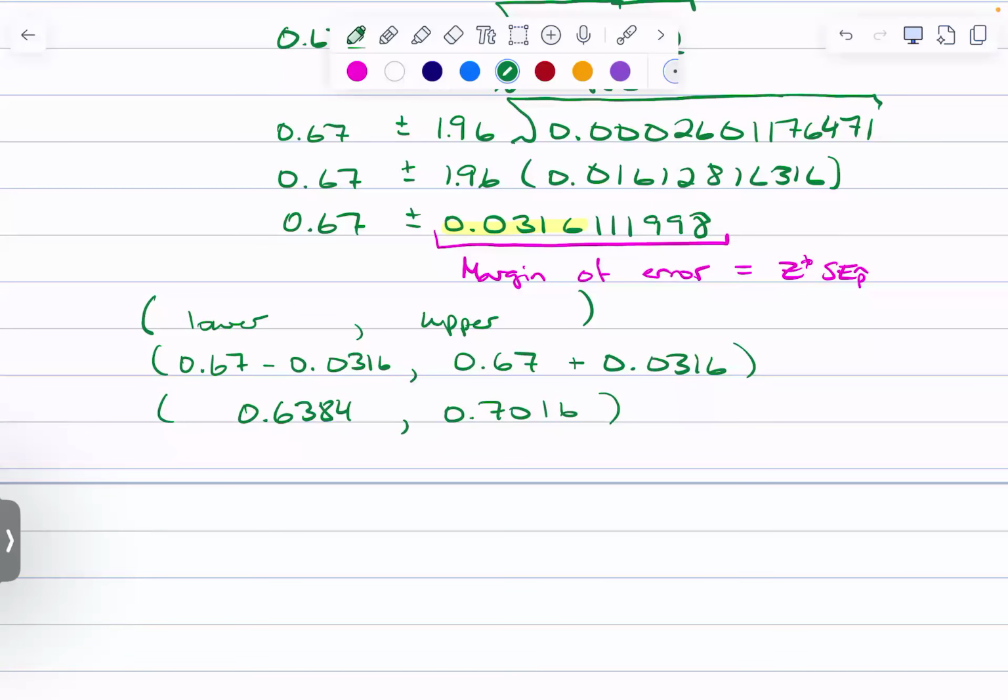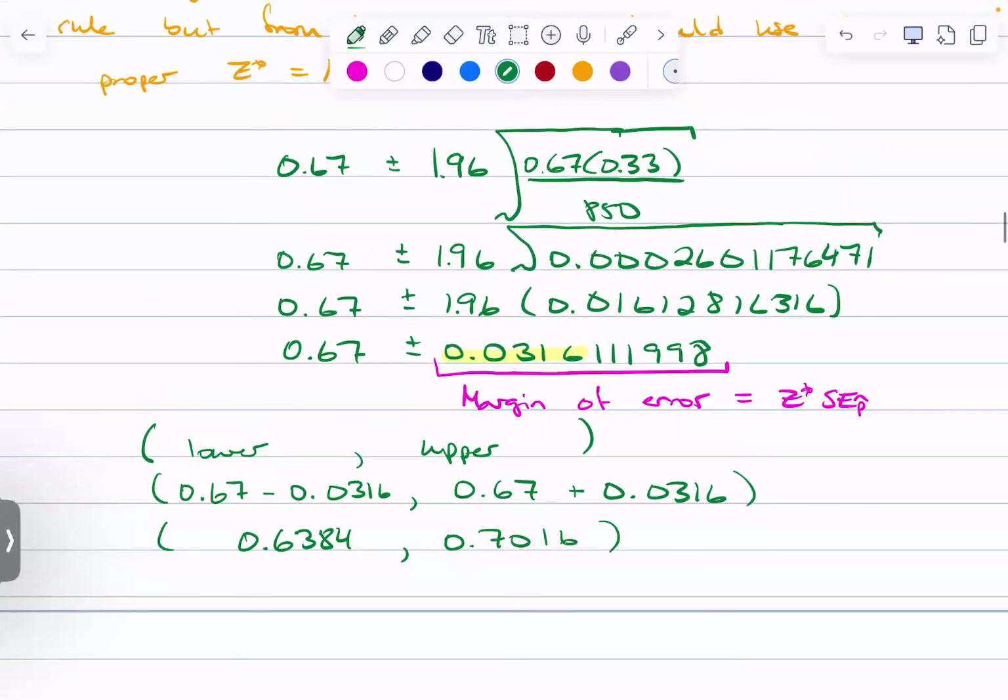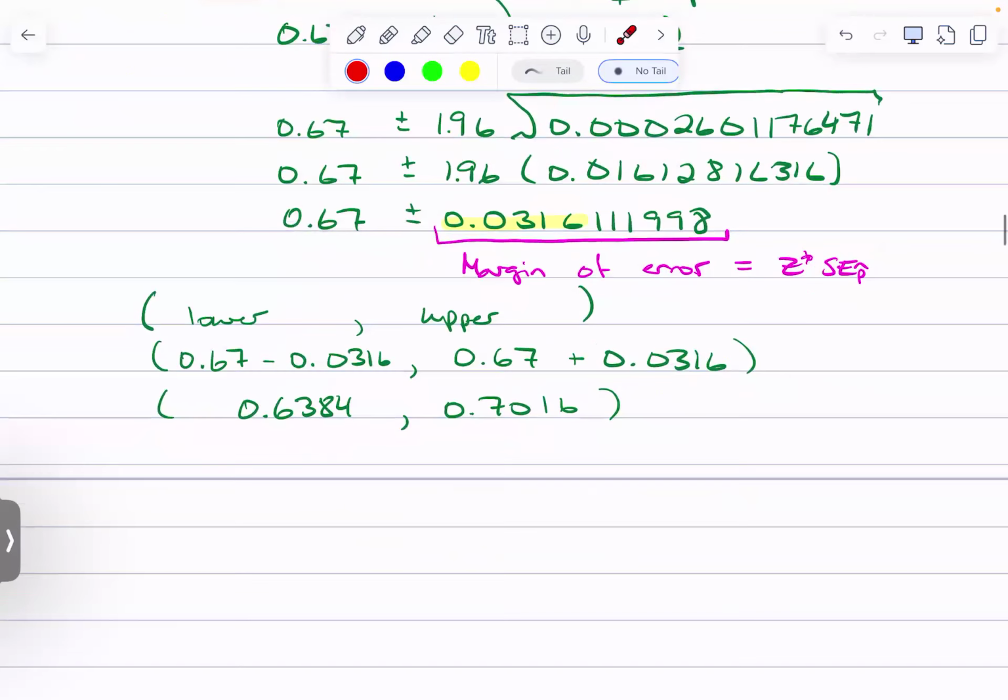Would you believe me if this was only half the work? I told you it's only half the work. We introduced a lot of concepts, but we haven't actually done a lot. Most of the time you would start here. The question would say, construct a 95% confidence interval for the true proportion of American Facebook users, and so on.